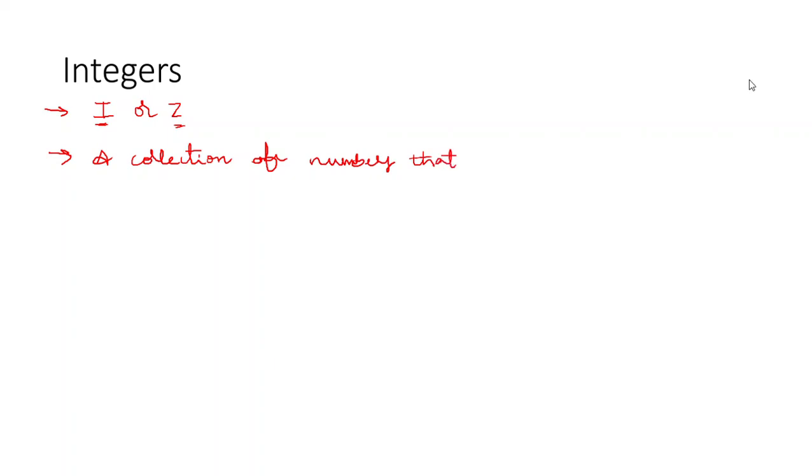that are negative, positive and 0. A collection of all positive numbers, all negative numbers and 0.